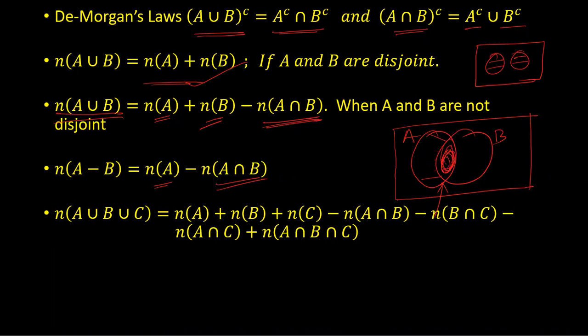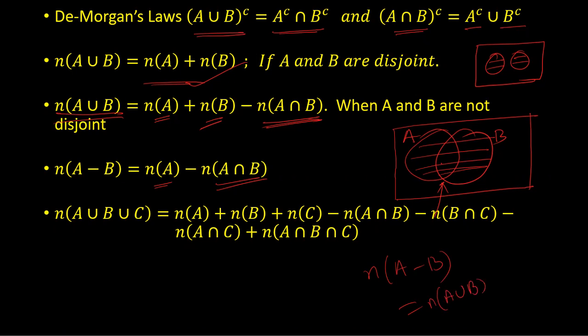In a different way, we can also say this. Take the union, n of A union B, and then subtract n of B. We'll get n of A minus B. This part will be n of A minus B, right?